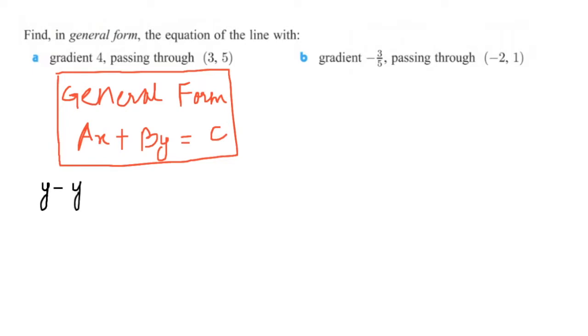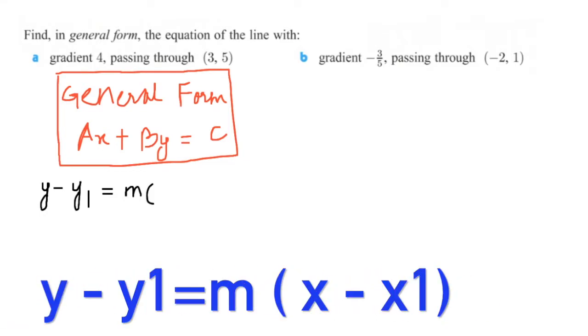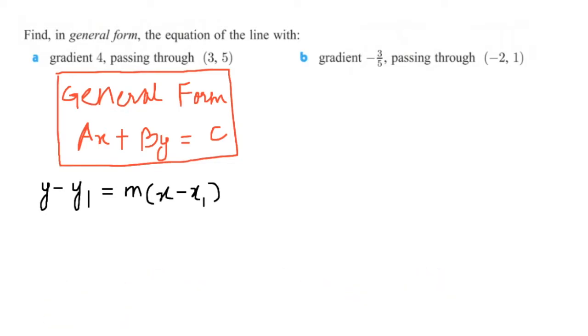y minus y1 is equal to m times x minus x1. This is a formula for finding the equation of a line when you have the gradient and one point (x1, y1). The gradient m is 4 for this question and one point is given.